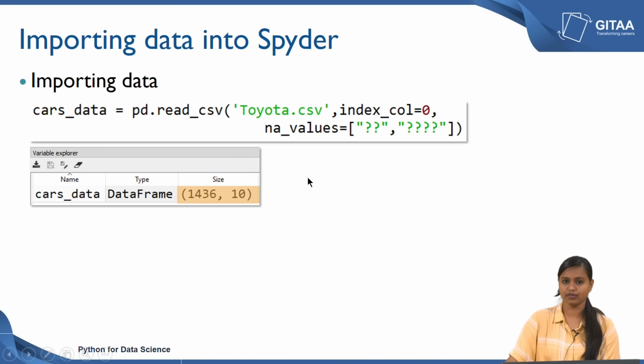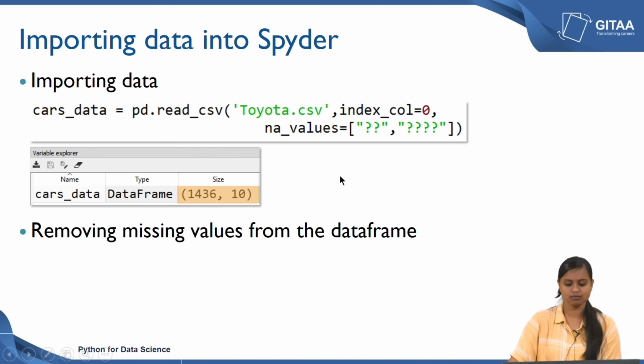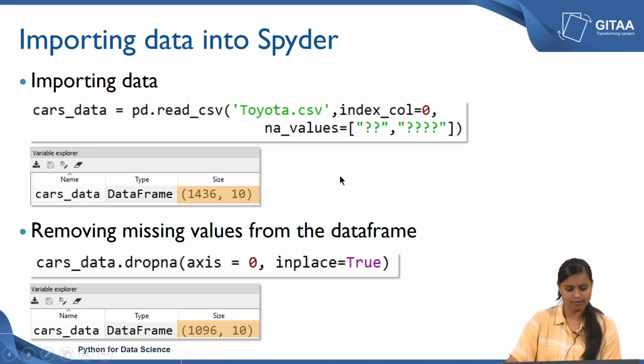So, we can just remove all the missing values from the data frame and then proceed with the visualization. Let us remove the missing values from the data frame by using the command dropna, and inside the function you can just say axis equal to 0, so that all the rows will be removed wherever there are NaN values. If you use inplace equal to True, you are making all the modifications in the data frame that is being used here.